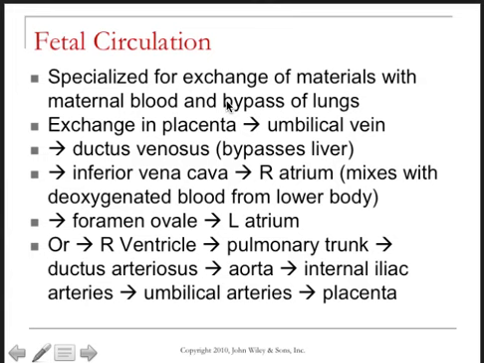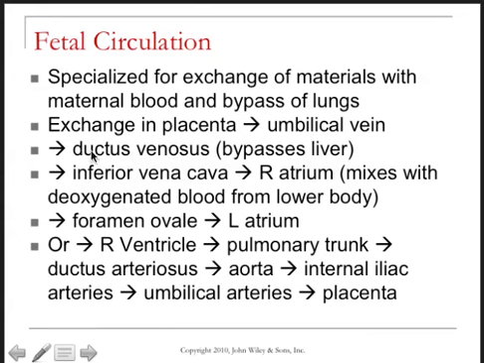It picks up oxygen, it dumps off carbon dioxide, it dumps off waste products and picks up nutrients, and then that blood enters now the umbilical vein, so it is now oxygen rich and nutrient rich, and then it returns back to the fetus. So this is a specialized system for the exchange of materials with the maternal blood bypassing the lungs. The exchange happens in the placenta via the umbilical vein.